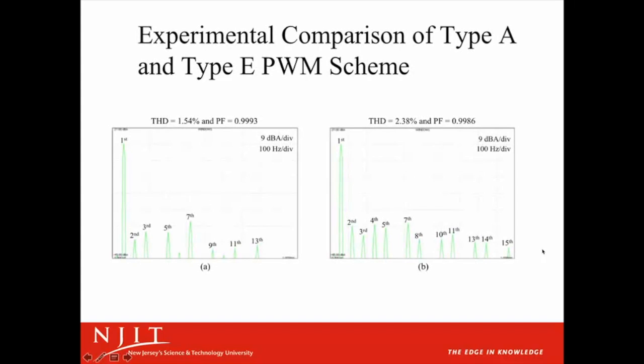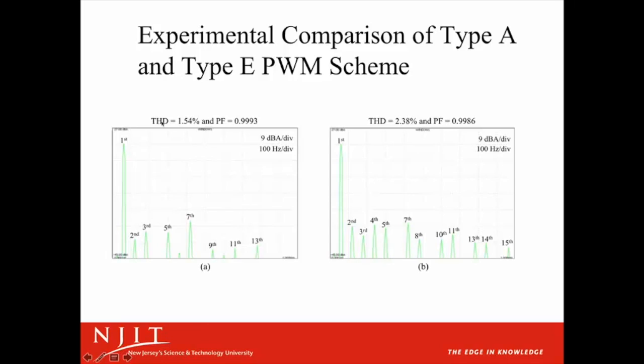And this is a Fourier analysis. This is the experimental spectrum of the input phase A current for type A and type E PWM. As you can see, type E, denoted by this one right here, has more harmonics than A does.